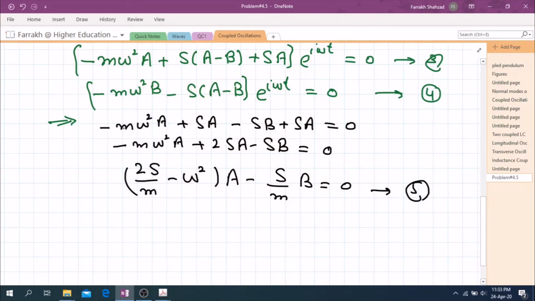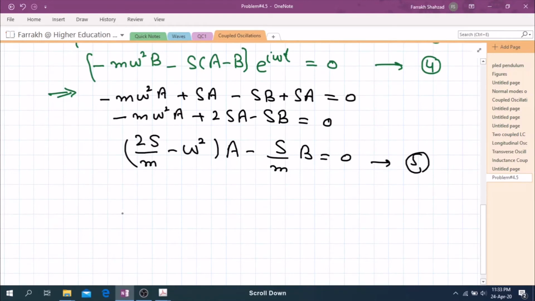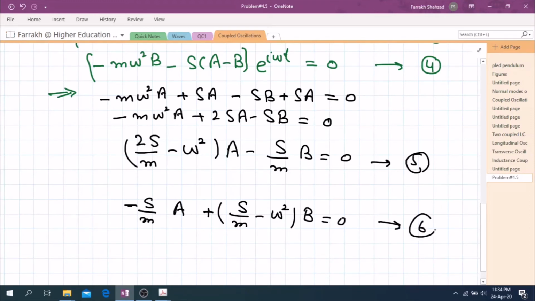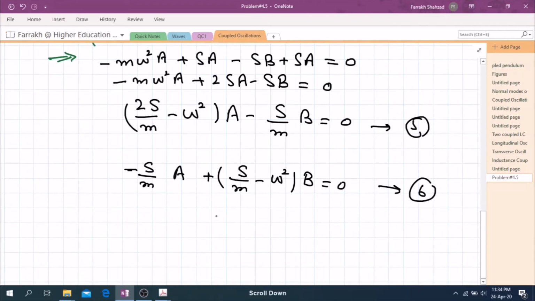Similarly, from equation 4 I will get minus (S/m) A plus (S/m minus ω²) B, where I have taken B common, so that's my equation 6. Now I can write the matrix equation, the eigenvalue equation, from equations 5 and 6.